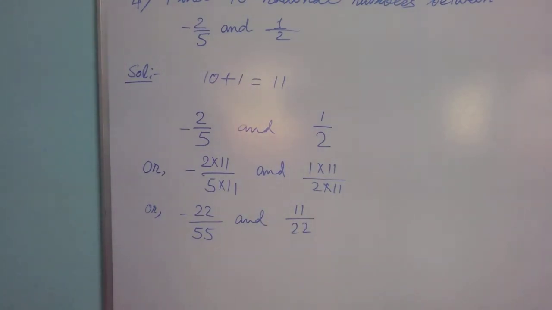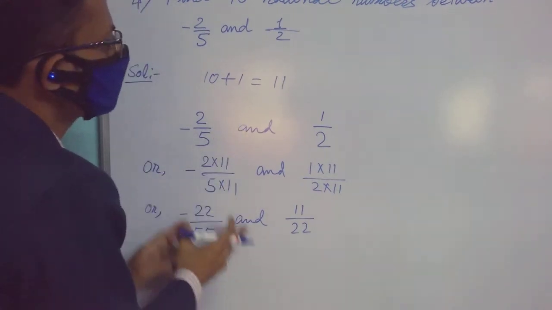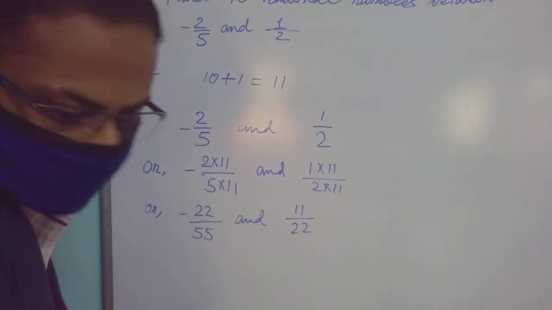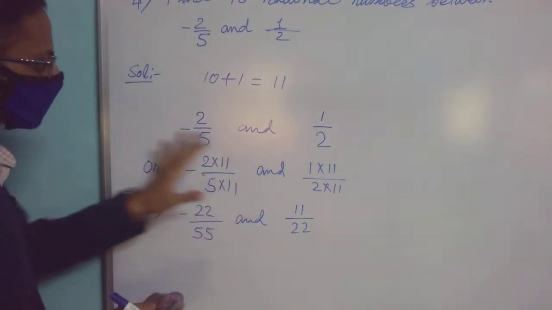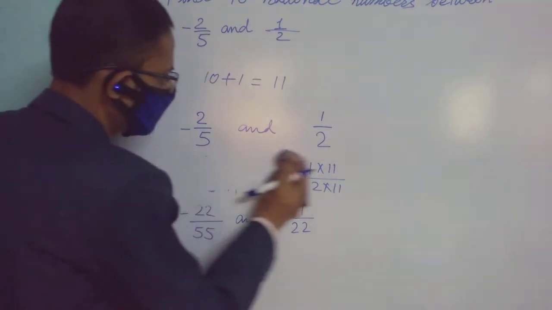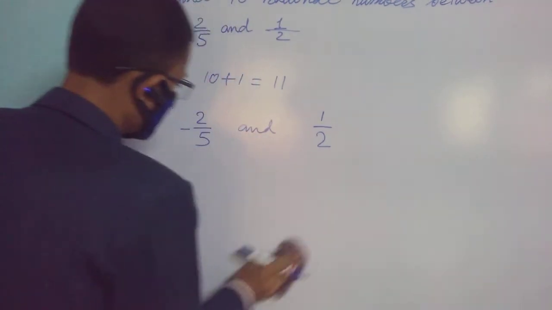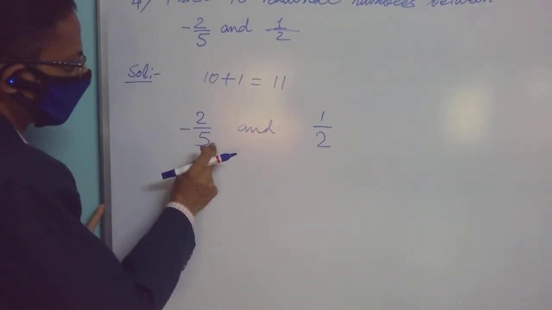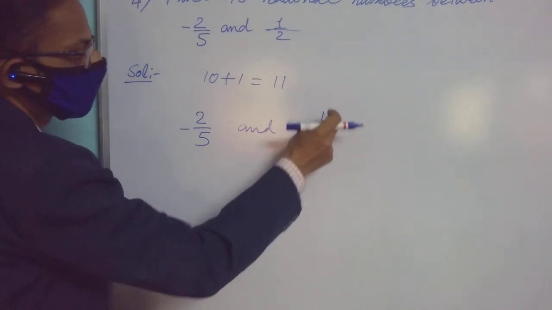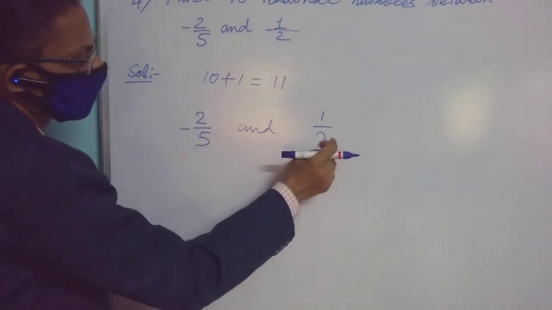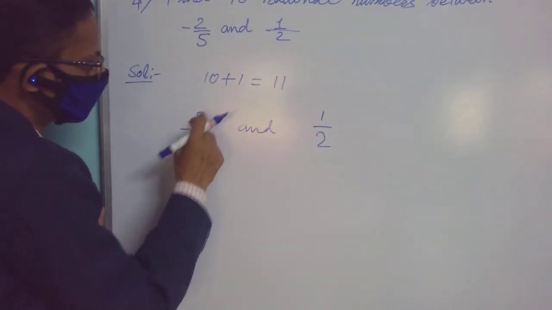Now we need to make the denominators also equal. So I am going to remove this portion. And I am going to multiply this ratio in the numerator and denominator by 2 and this ratio in the numerator and denominator by 5. This 5 I am going to multiply with this 2 and 1 and this 2 I am going to multiply with this 5 and 2.